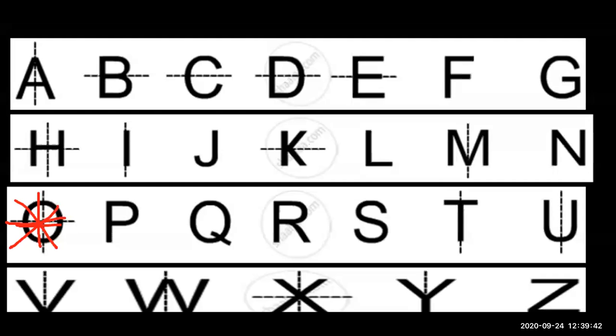So how many are there? Count it and tell me how many alphabets don't have any axis. Count it properly. Some are writing 8, some are writing 9. Exactly how much, just count it.